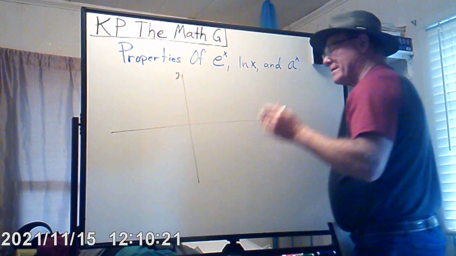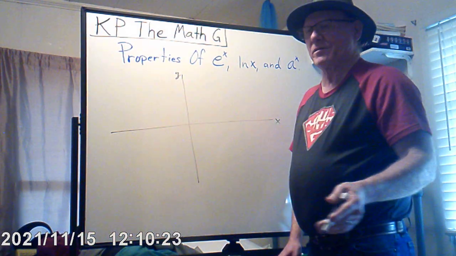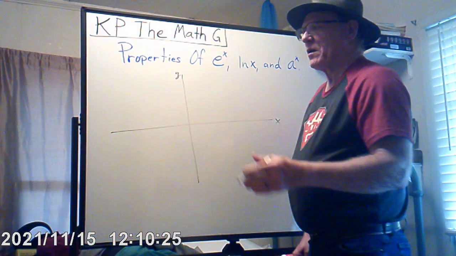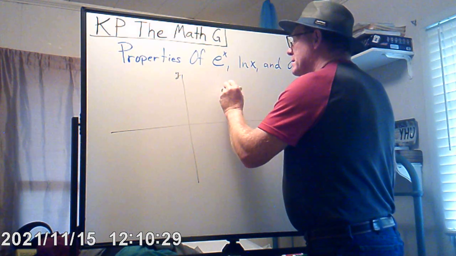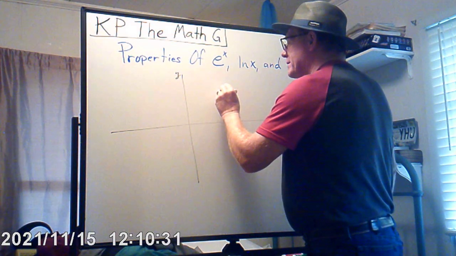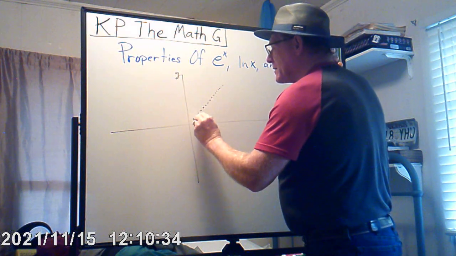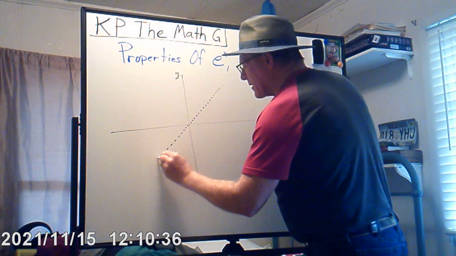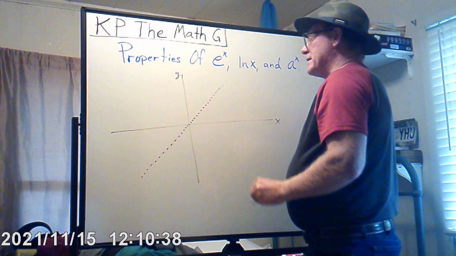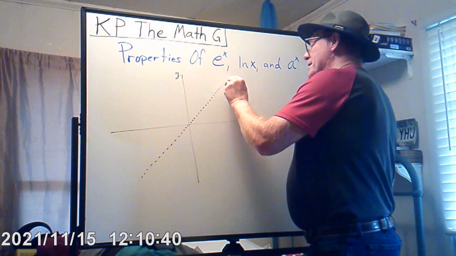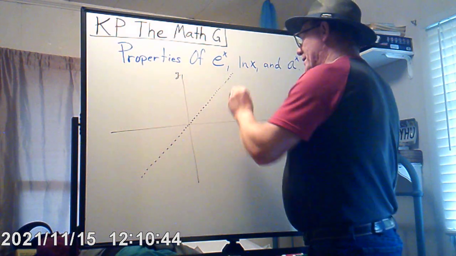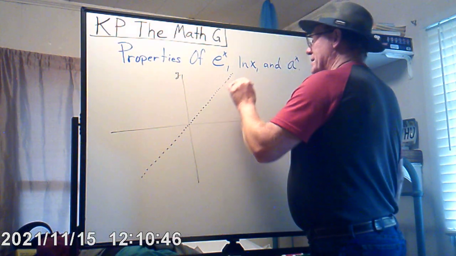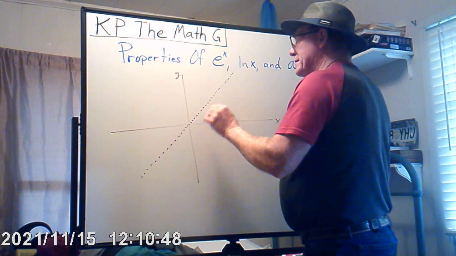Now remember, anytime you want to figure out the inverse of almost anything, you plot the graph. I'd have to look that up, but you plot the graph, and I dotted it so I could show the difference in the two.